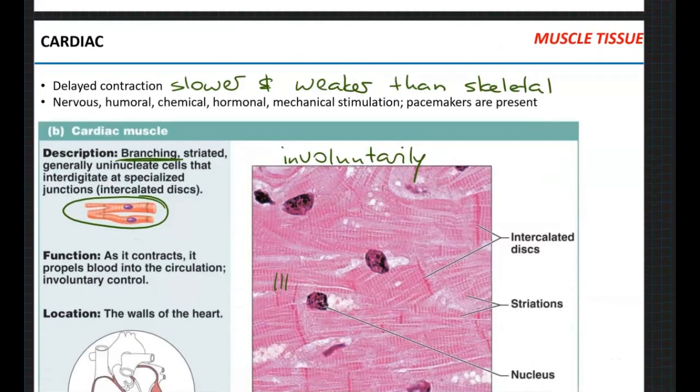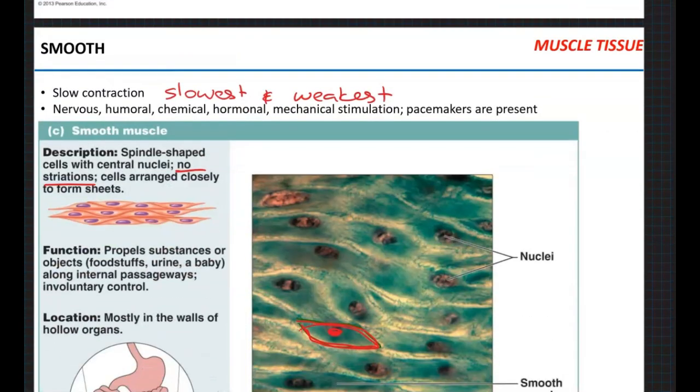Unlike skeletal muscle, cardiac muscle can be stimulated by a variety of things such as nervous stimulus, humoral, certain chemicals in the blood, for instance calcium, hormonal, or mechanical. The same is true for smooth muscle. Since it is involuntary, it can be stimulated by that variety of stimuli.